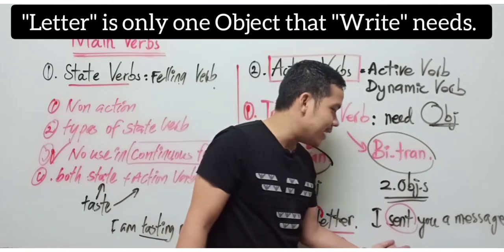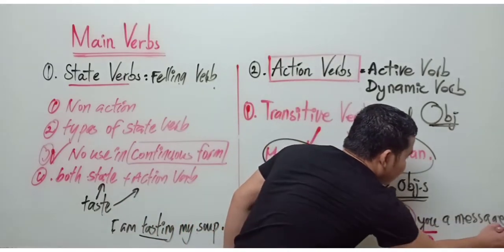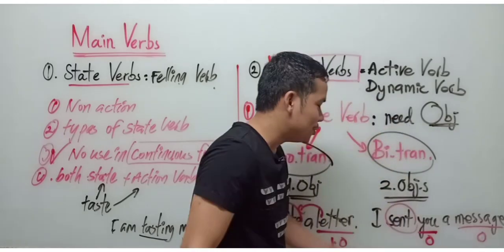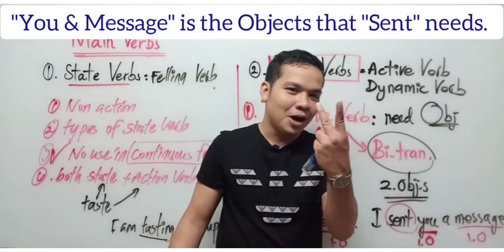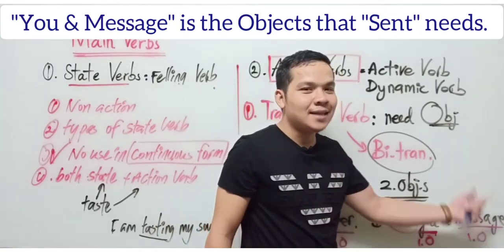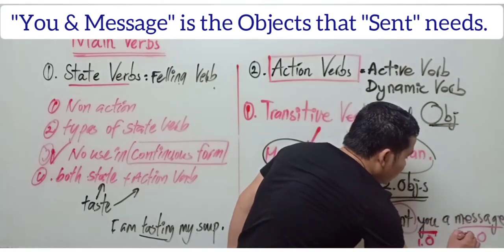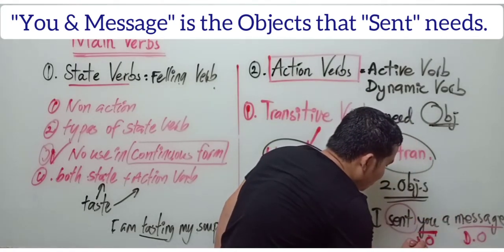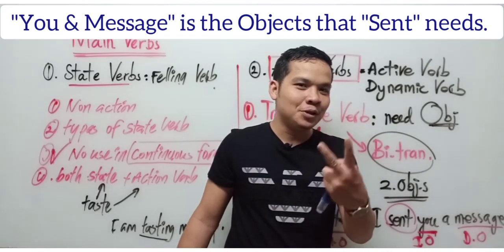But look at this one. I send you a message. Object and object, two objects, one object and another object. So we have two objects. I send you a message. So this one we can call direct object, and this one we call indirect object. But remember, two objects here.